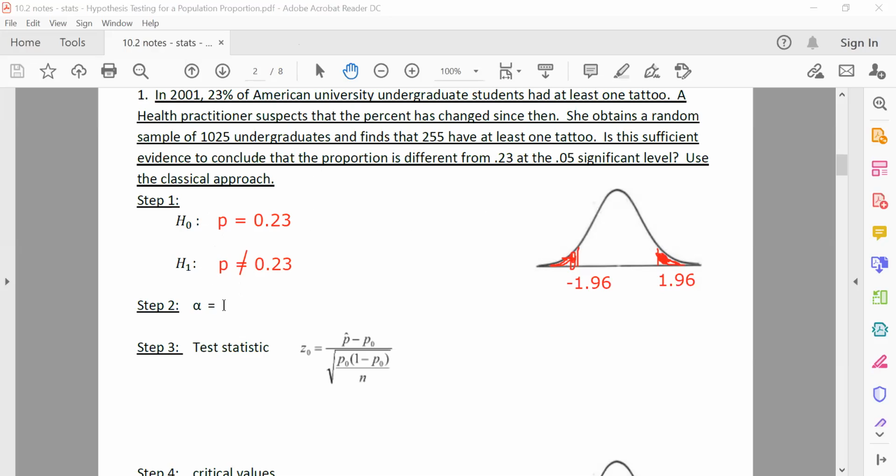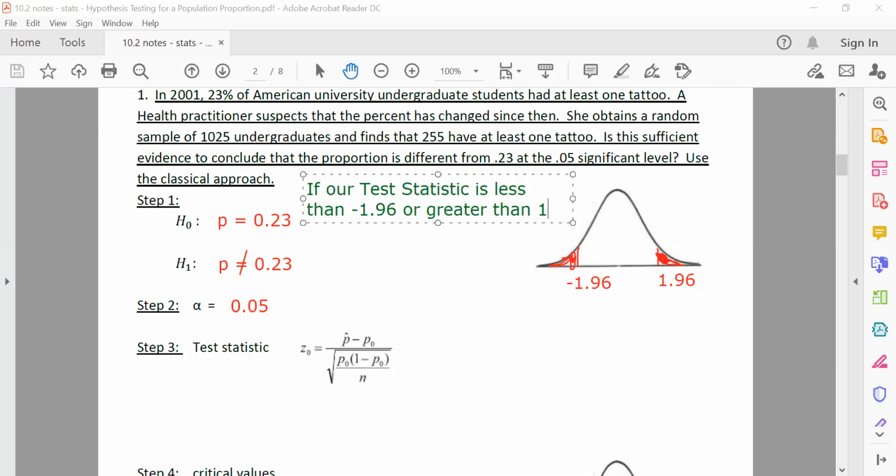Our alpha is 0.05. Our procedure is going to be, if our test statistic is less than negative 1.96 or greater than positive 1.96, we reject the null. Otherwise, we don't reject the null.